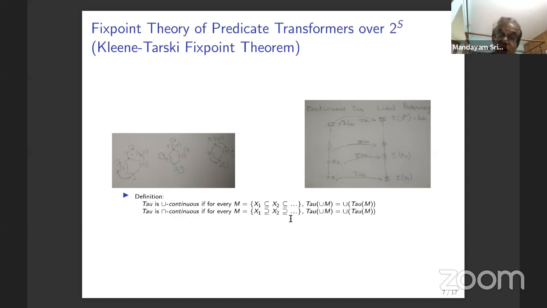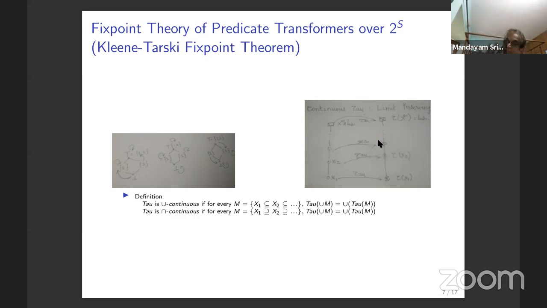So this is required as an additional condition for the case where the partial order, the lattice, is infinite. Because if the chains are infinite, then tau can behave weirdly and not preserve the limit.